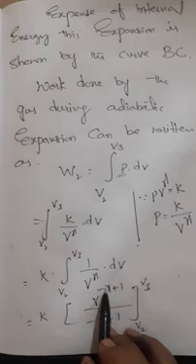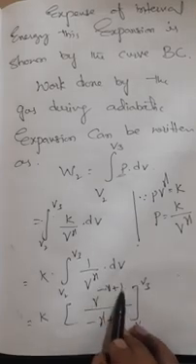We can write K is equal to V to the power of 1 minus gamma plus 1, and 1 minus gamma, so V to the power of 1 minus gamma.